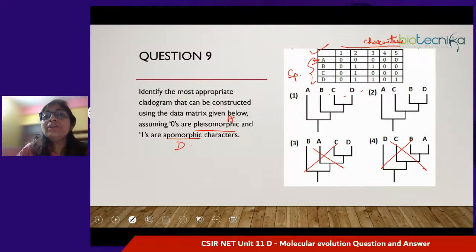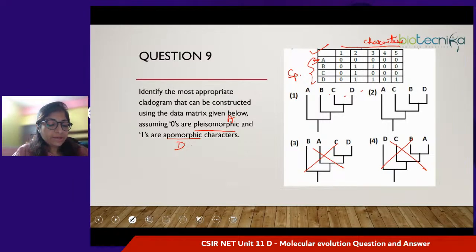But the group which has been derived recently will have the least number of ancestral characters and the highest number of derived characters. So after A, A has maximum 0. Which is the other species that has the next maximum 0?